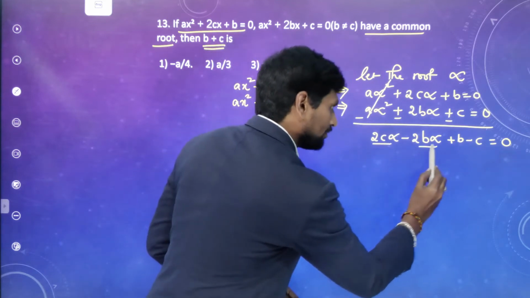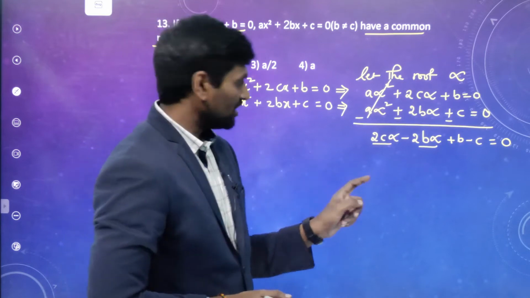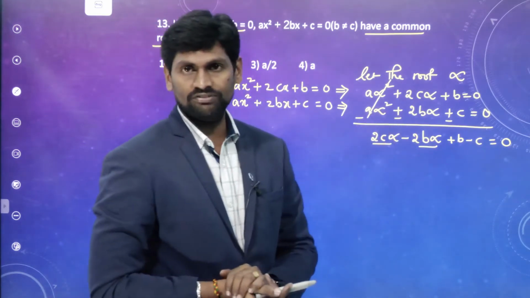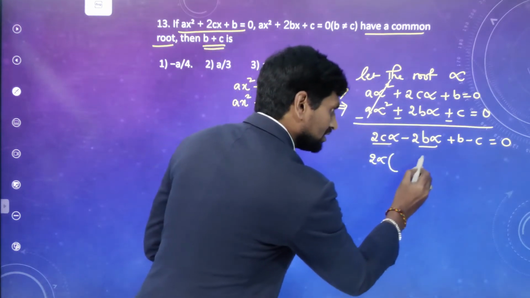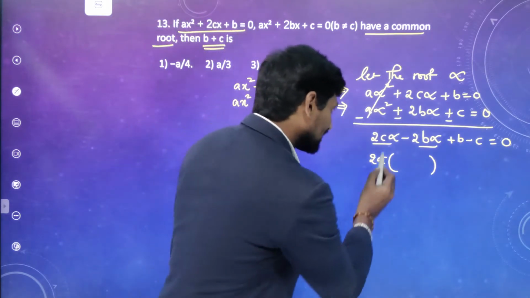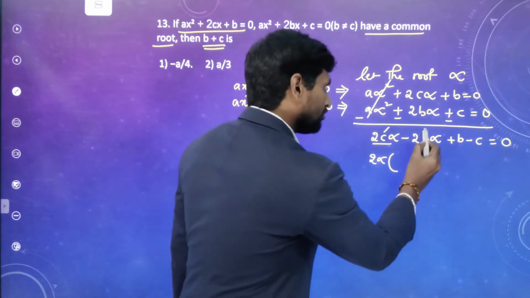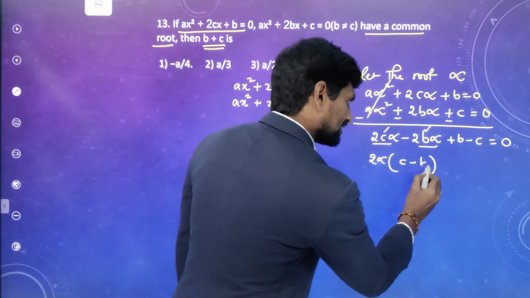From the first two terms, I can identify the common number 2 and the common symbol alpha. So I am taking 2 alpha as a common term. What remains? In the first term c remains and in the second term b remains. So it is c minus b.